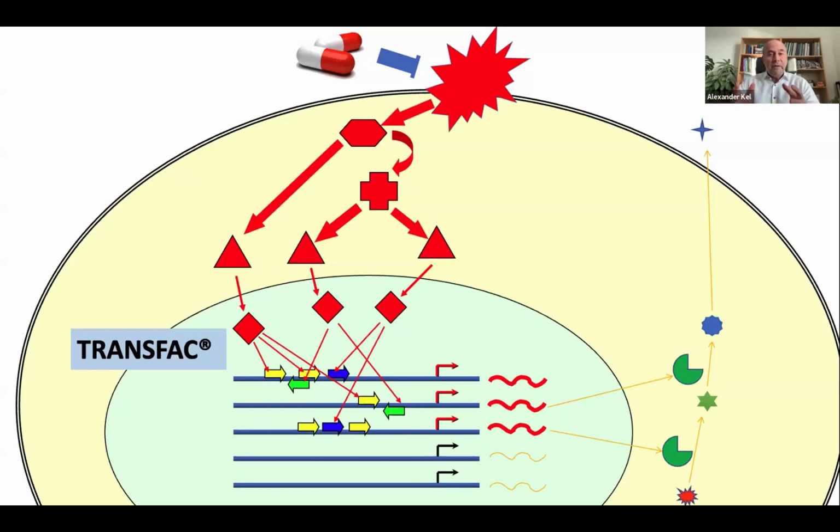If we talk about human transcription factors, we estimated recently that more than 95% of all human transcription factors have at least one motif in our database. So it's pretty good coverage of all transcription factor motifs for the human genome. That basically helps to find those transcription factors which are involved in your case.